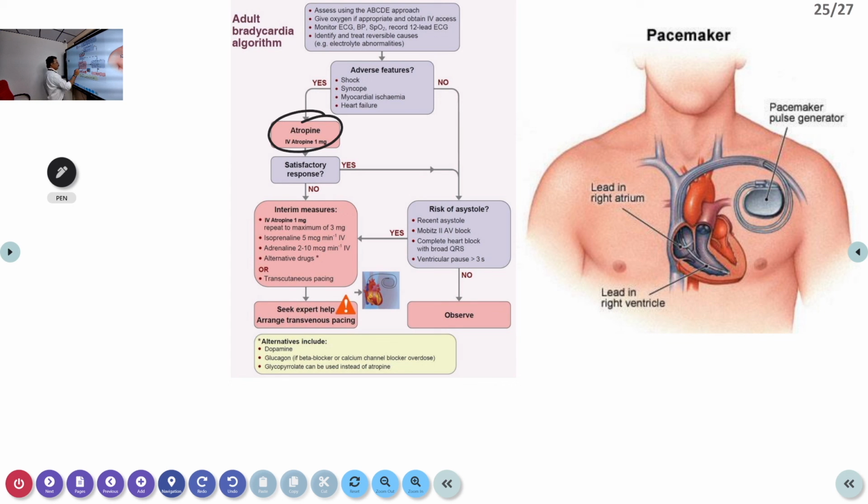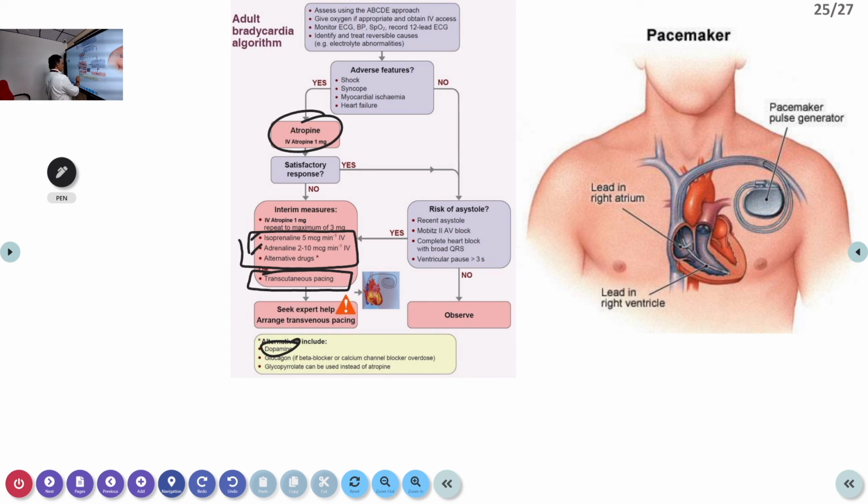Then if atropine is not working, and you are working in a peripheral setting, you can go for alternative drugs, isoprenaline, adrenaline and all. But most of these things may not improve the patient's condition, so you have to go for temporary pacing, and then once the patient is shifted to a major center, you can go for permanent pacing.